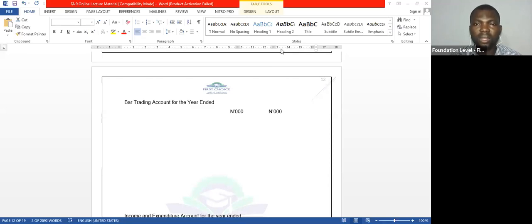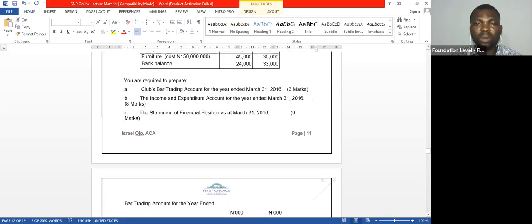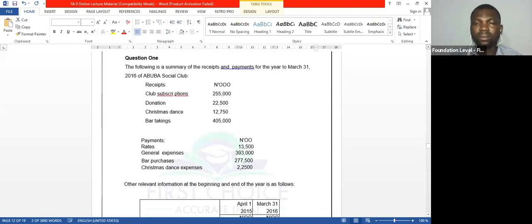Last class we started a new topic, which is preparation of accounts for non-profit making organizations, where we differentiated between the two types of organization: those set up for profit making, and those set up for non-profit making.